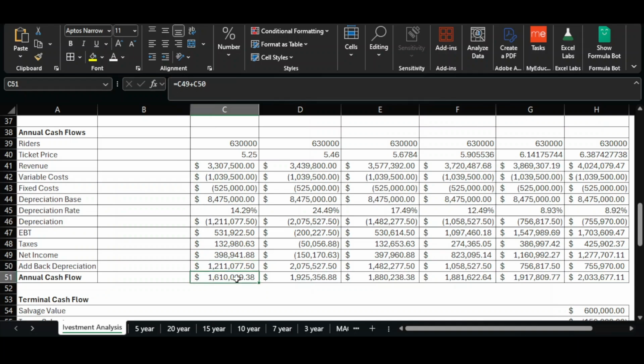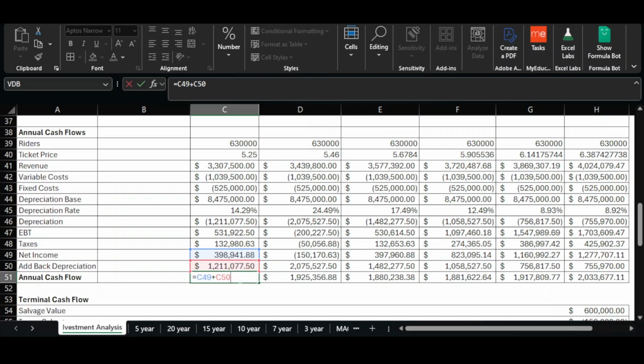Finally, the most important line item is ultimately the annual cash flow. It's a cash flow that is measured entirely for that 1 year. It is simply measured by the addition of your net income and the depreciation that you added back.